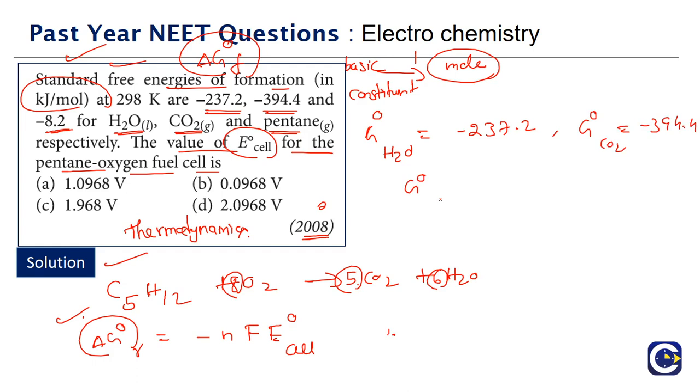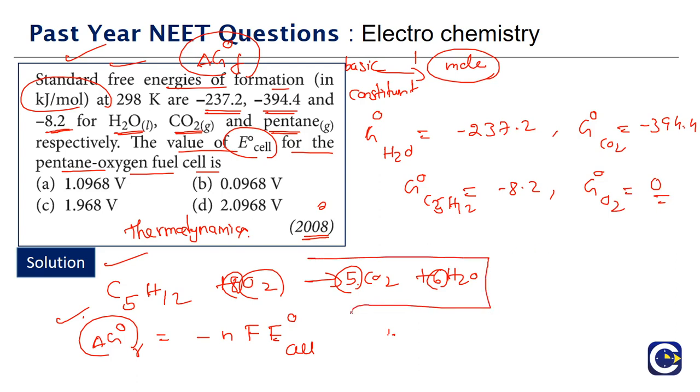Similarly, the free energy value of pentane at standard conditions will be equal to minus 8.2. Other than that, we have oxygen in the elementary form. This is the basic constituent at standard conditions. Oxygen will be in the form of O2. The standard free energy value for O2 will be 0. So for all these basic constituents, as a reference we will take the values as 0.